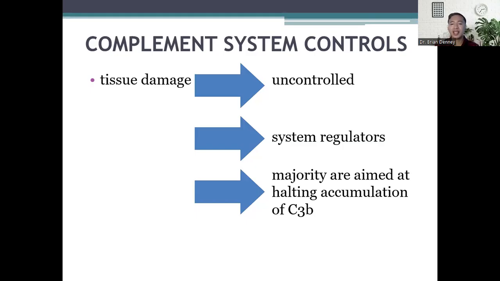These are the cell-bound complement proteins, or the cell surface complement proteins. And the majority of these system regulators are aimed at halting accumulation of C3b, because C3 is the largest, the most abundant complement protein. So what are these control mechanisms?